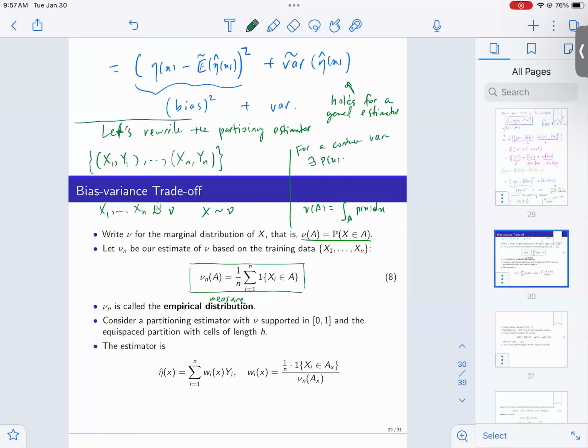So why is this a good approximation? Why is nu_n of A a good approximation of nu of A?